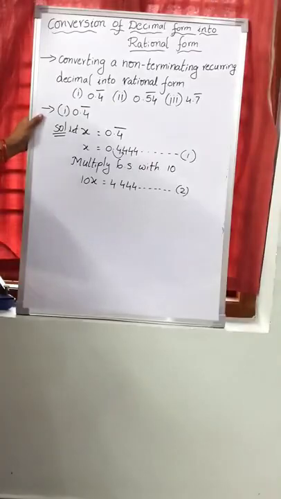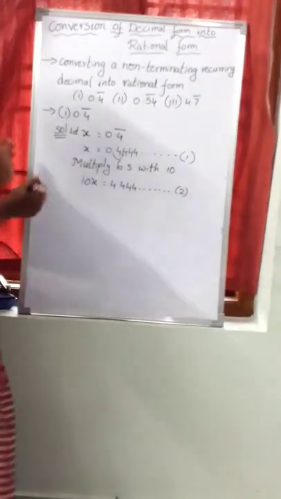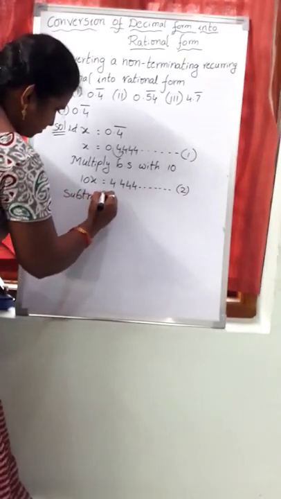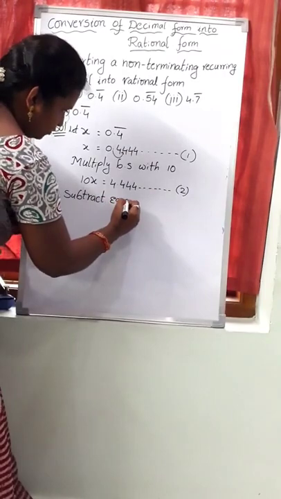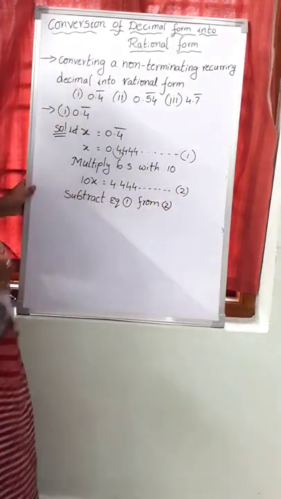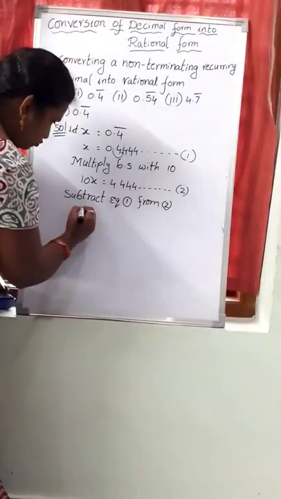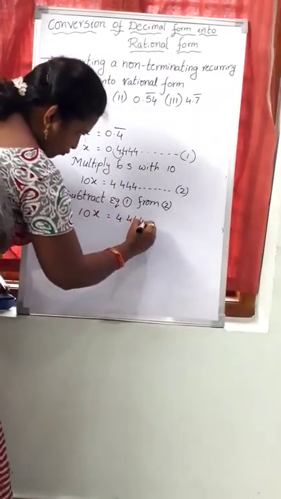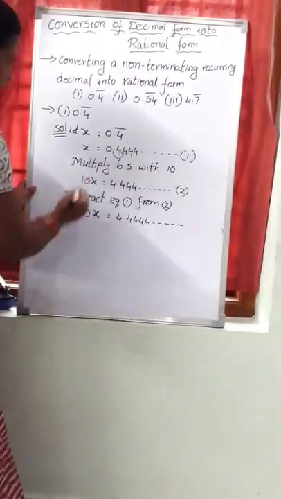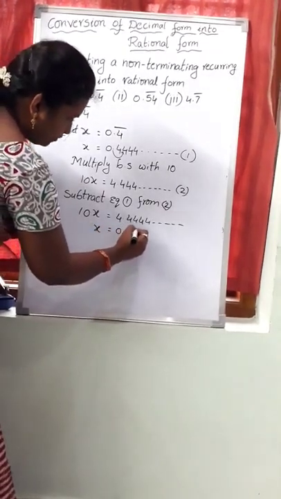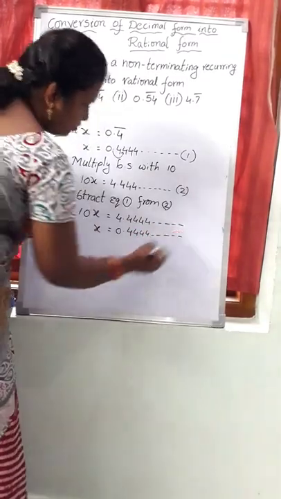Now we have to subtract equation 1 from equation 2. So write the equation 2 first. 10x is equal to 4.444 and so on. And equation 1 is x is equal to 0.4444 and so on.